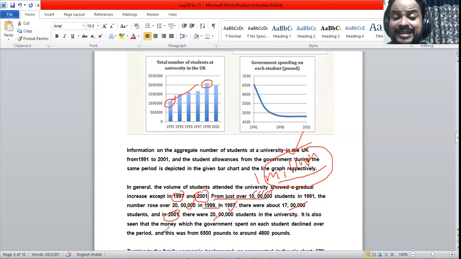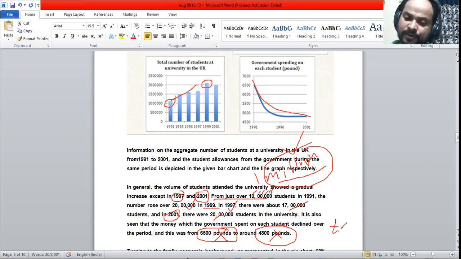It's also seen that the money which the government spent on each student declined. So you can see it's declining over the period. And this was from £600 and... in order to reduce 2 words, I could cancel these 2 words if I use this symbol here, that's the pound symbol.